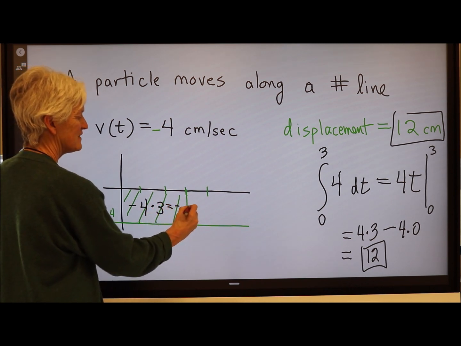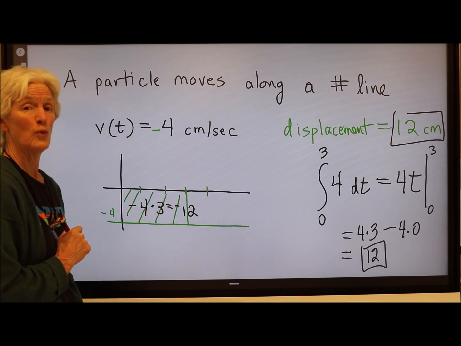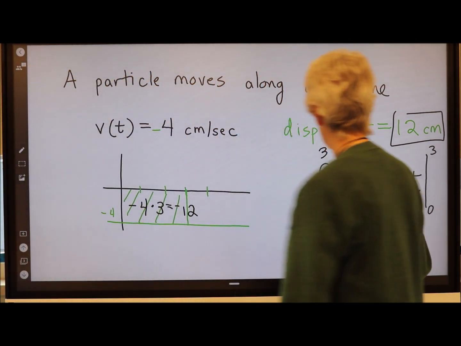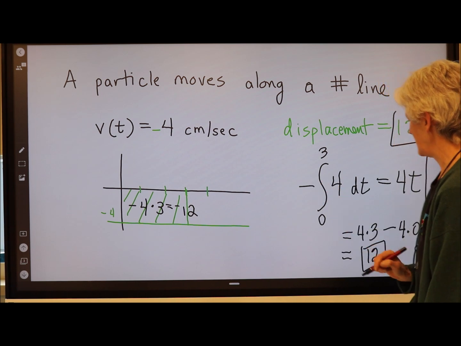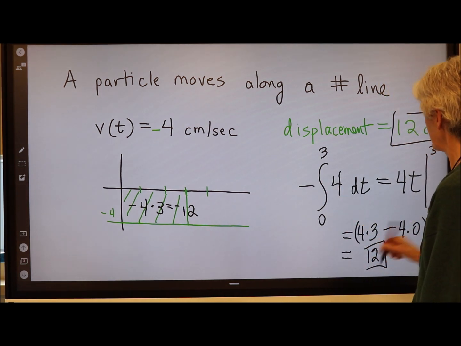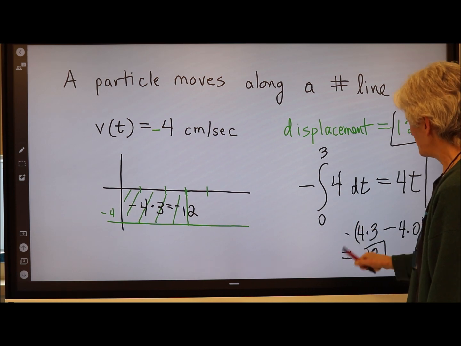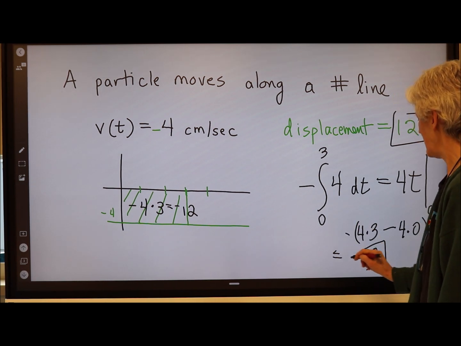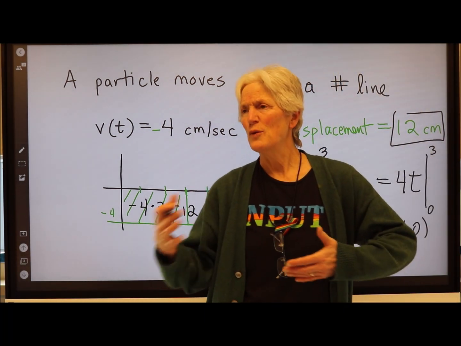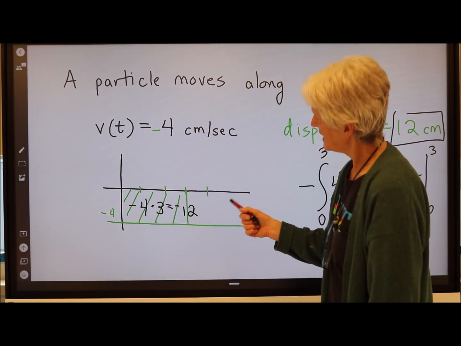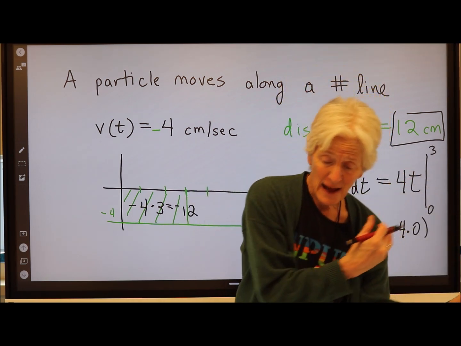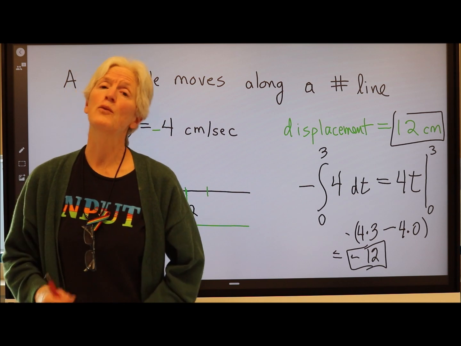That's going to give me a displacement of negative 12. I don't know where I started or where I ended, but my displacement is negative 12, meaning I ended up 12 units to the left of where I began.